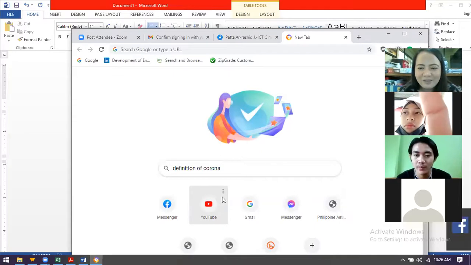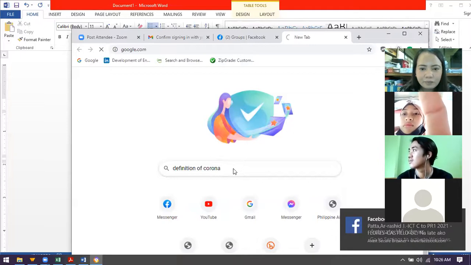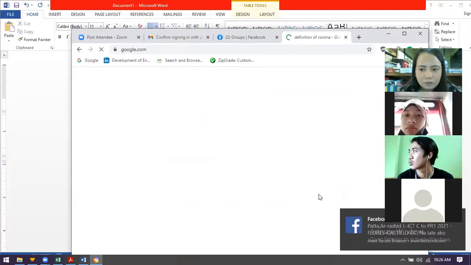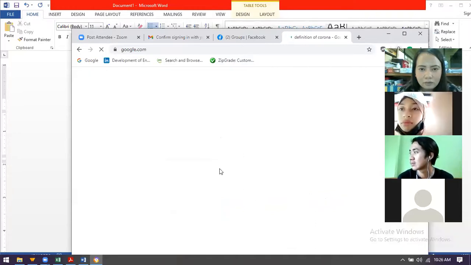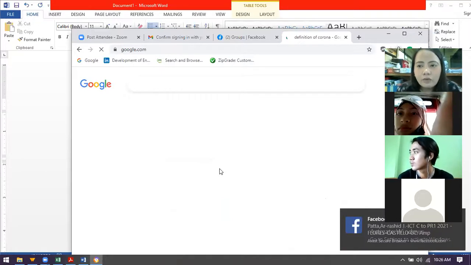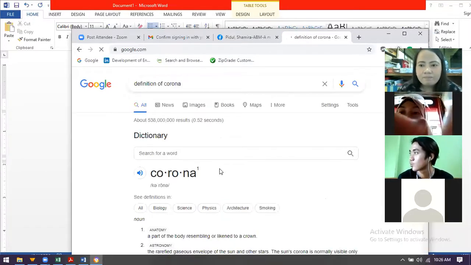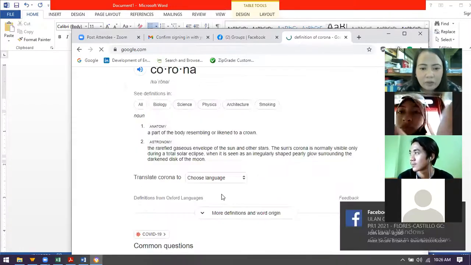So, wait lang ha, naglo-loading pa guys. So mainam guys, if ever you will be searching for ideas, much better talaga kung mga naka-PDF files yung hanapin ninyo.